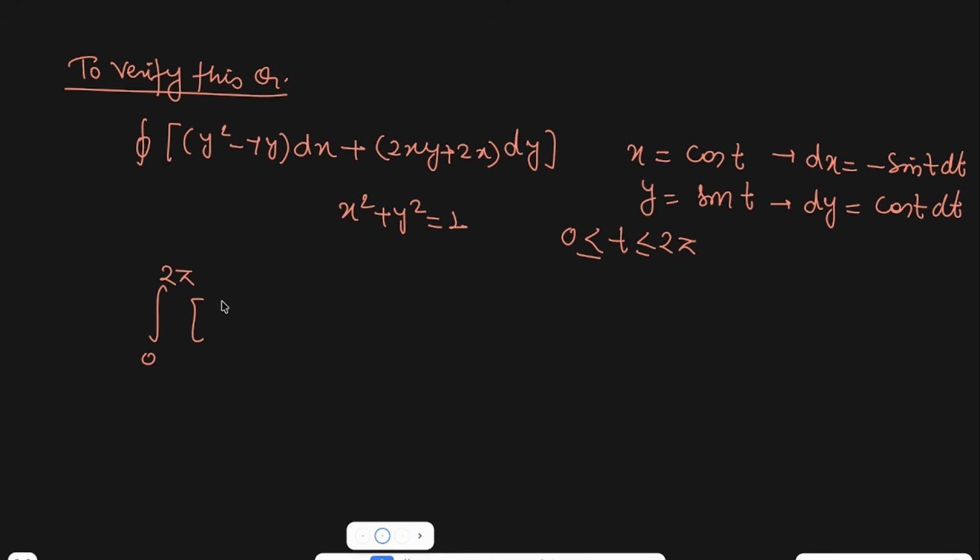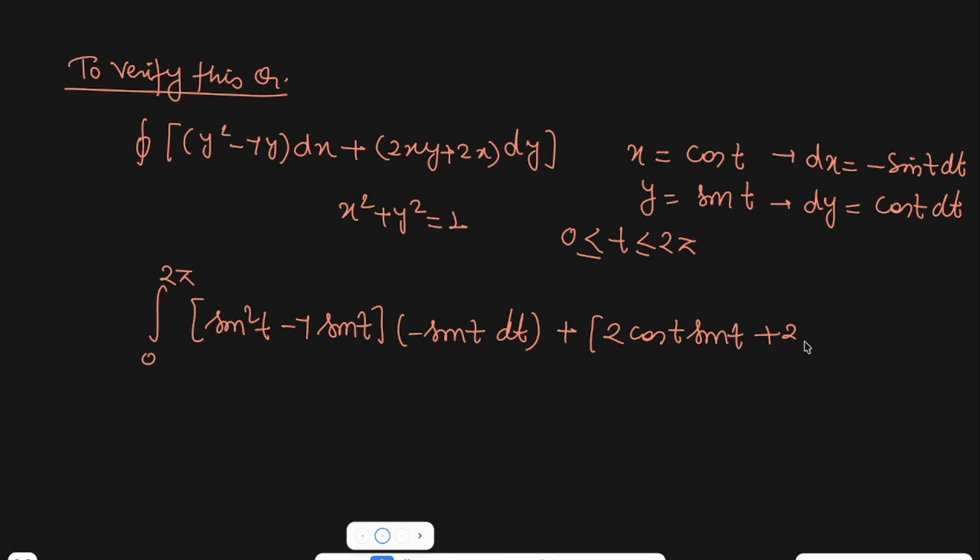So y square is sine square t minus 7 sine t, and dx is minus sine t dt. Now plus 2 into x, which is cos t, y is sine t, plus 2 into cos t, and dy is cos t dt.